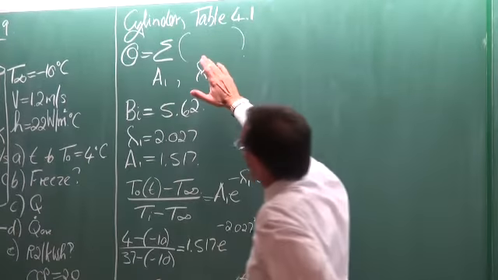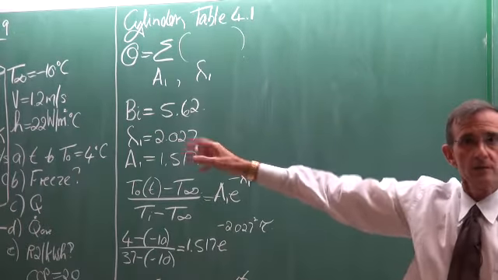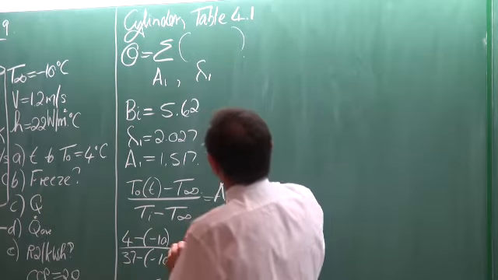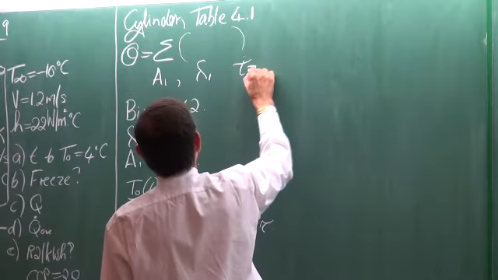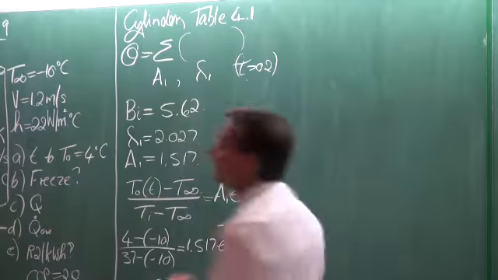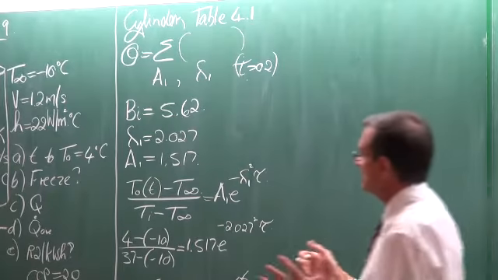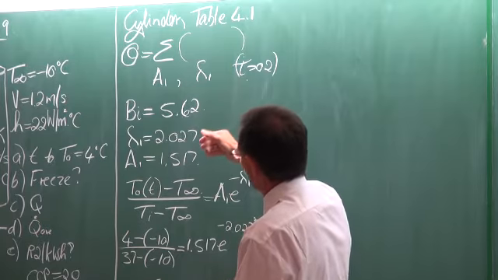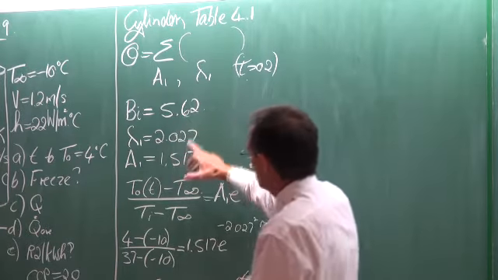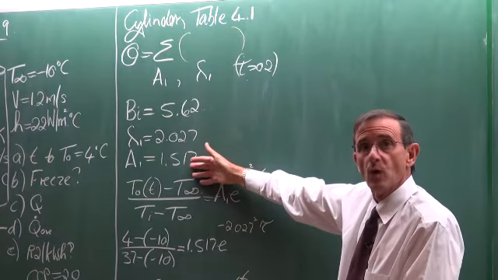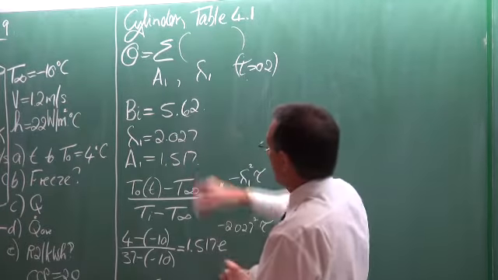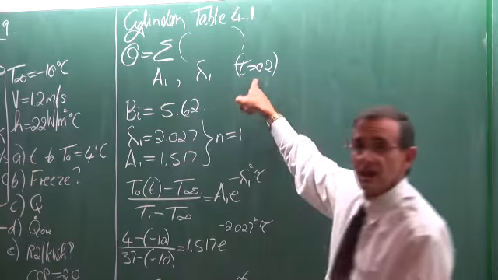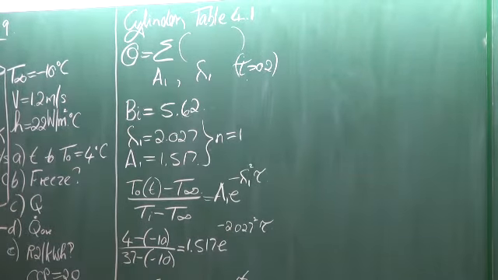We've looked at this equation for a cylinder, which is an infinite series. We've realized that if we make the assumption that tau is larger than 0.2, the error would be less than 2%. And we've calculated the Biot number, and with that, in the tables, we could get the roots and the A1 value. Take note, it is only for n equal 1. If you cannot make that assumption, then you will have to go and calculate the other values yourselves.